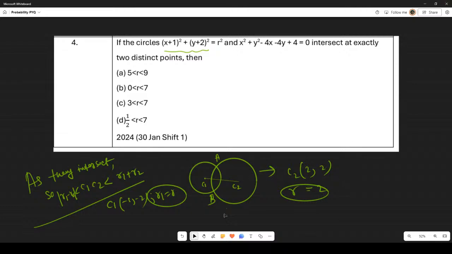Now just use the condition for intersecting: C1C2 will be greater than mod of R minus 2, less than R plus 2. Am I correct? What is C1C2 here? Just find its value. I have given these 2 points.